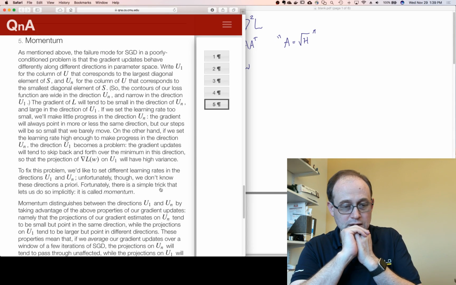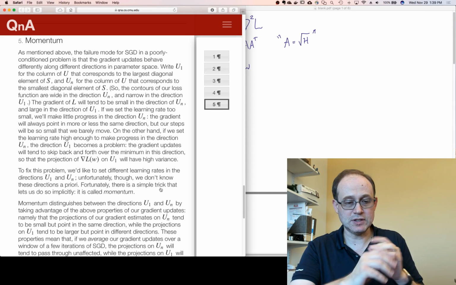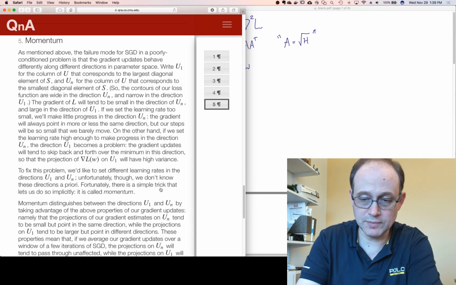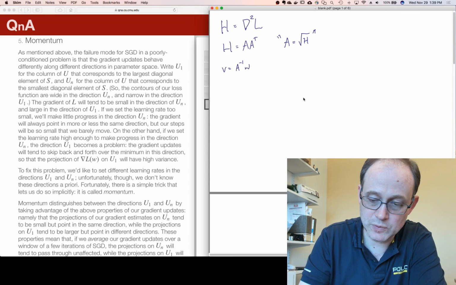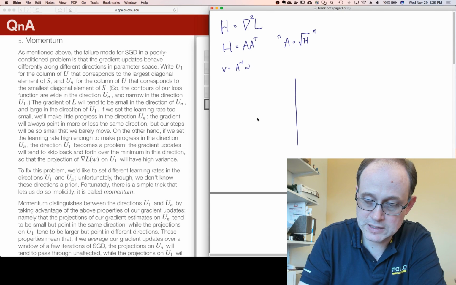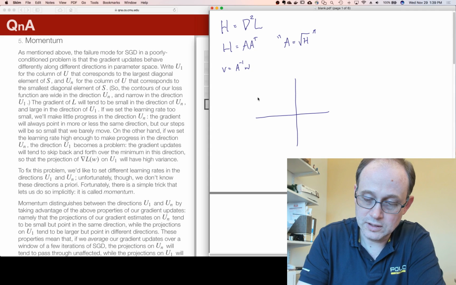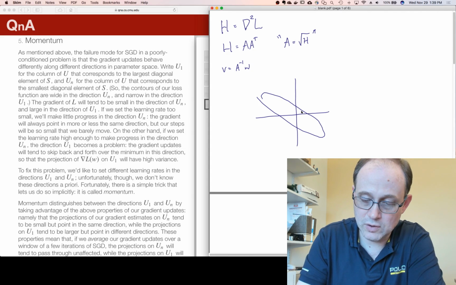So let's take a look in a little bit more detail at what's going to happen. Let's say that we've got two vectors. Maybe I'll draw it here. So we have our space, and we have the contours of our loss function. Let's say that the contours look like this: narrow along this direction, and wide along that direction.